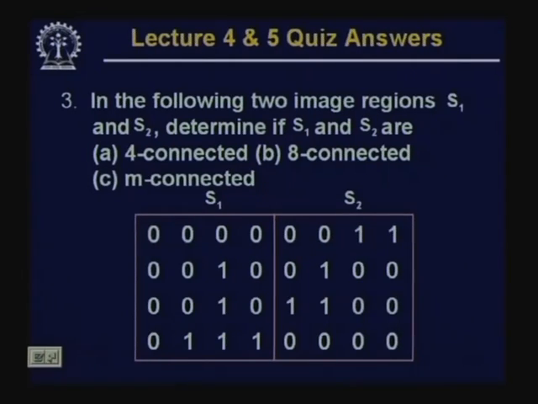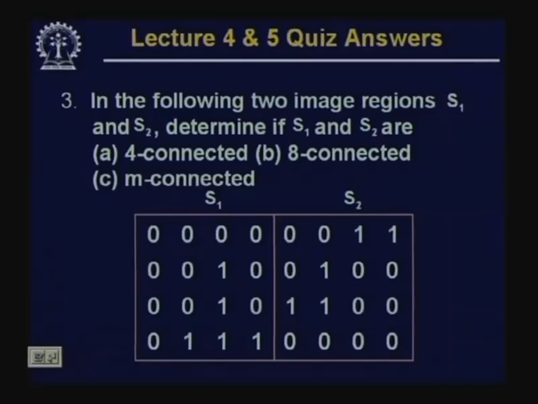Here we have given 2 sub images S1 and S2, and you have to determine whether S1, S2 are 4 connected, 8 connected, or M connected. If you remember, when we discussed connectivity, we said that 2 sub images are 4 connected if there is any point in one of the sub images which is 4 connected to a point in the other sub image.